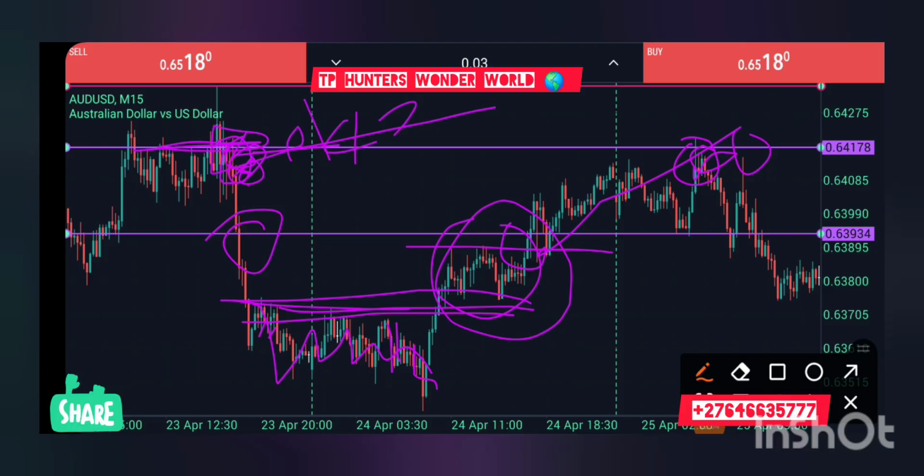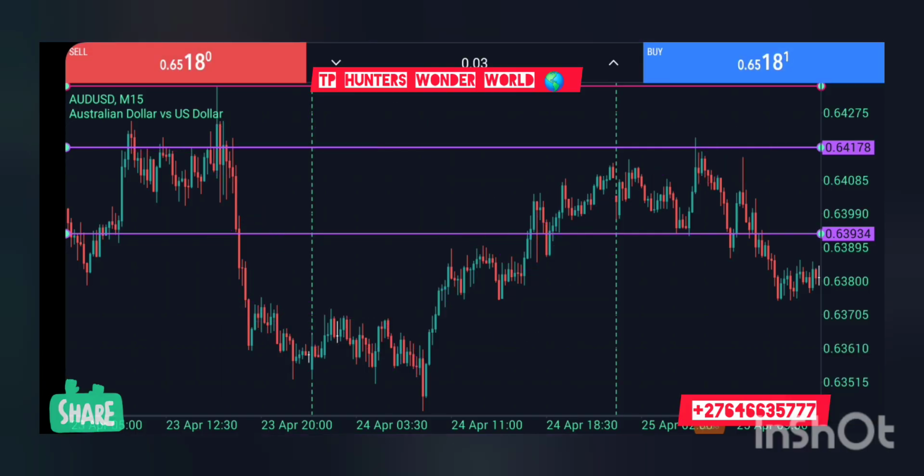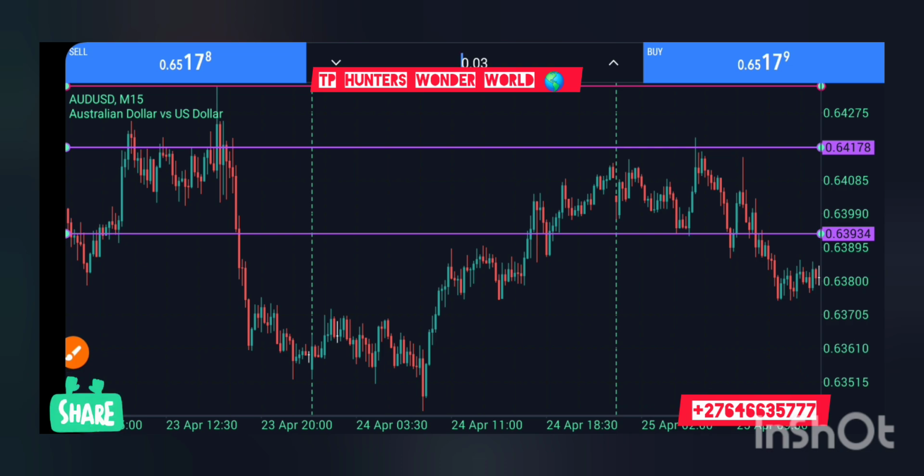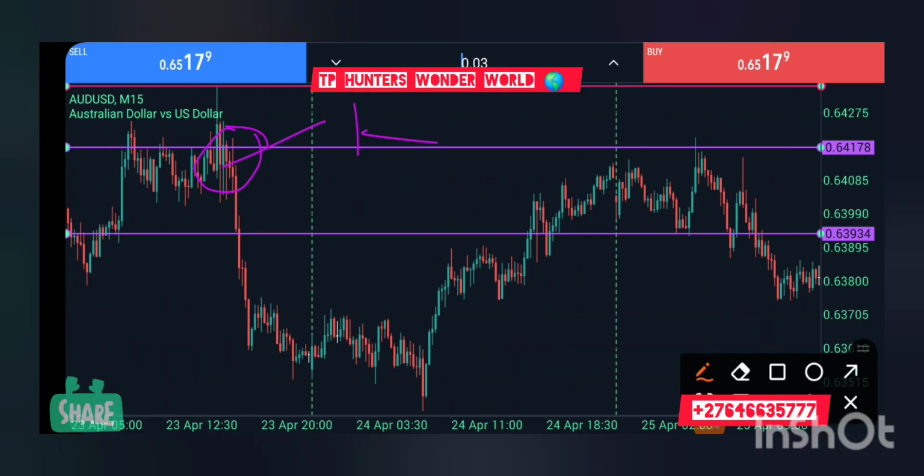They have to retest this level. Price has to come back and retest this level. It's a key point. But then they will fool you that they continue going down.